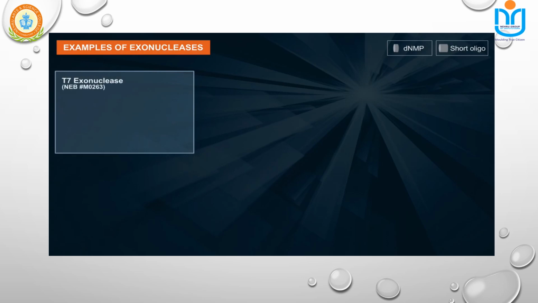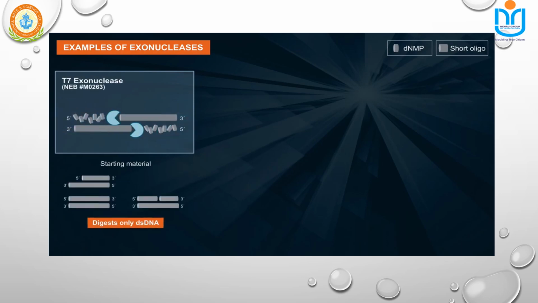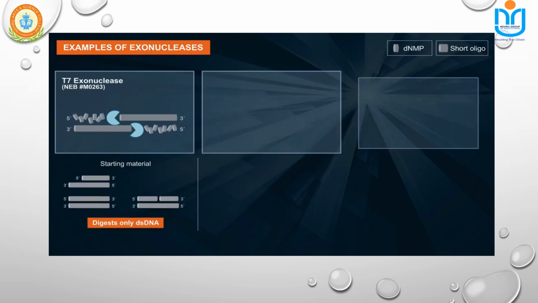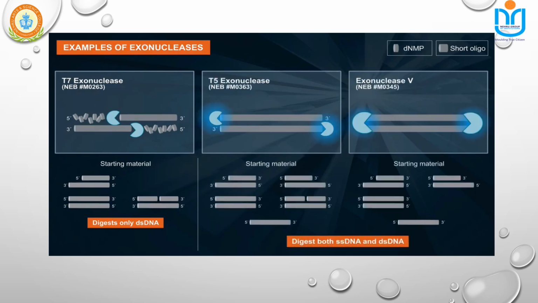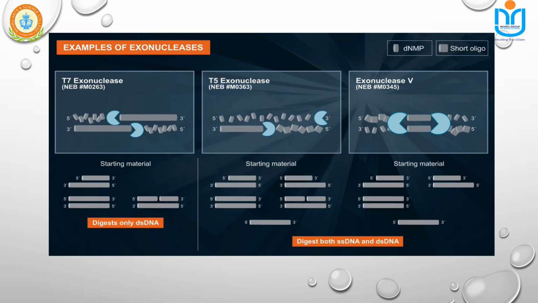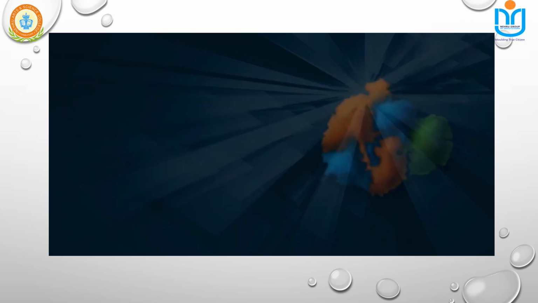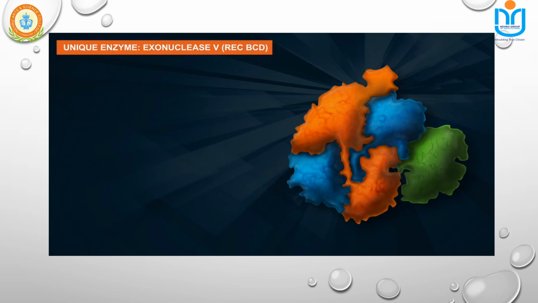Exonucleases, such as T7XO, digest only double-stranded DNA, while others, such as T5XO and XO5, can digest both single and double-stranded DNA. A unique enzyme is XO5, also known as RecBCD. This enzyme consists of 3 subunits.